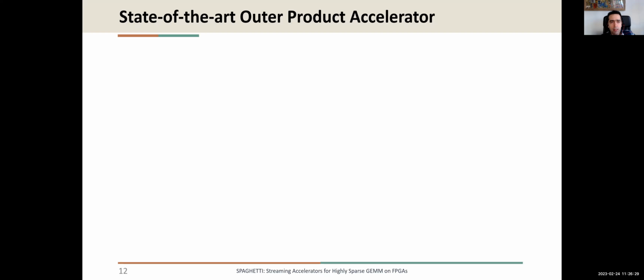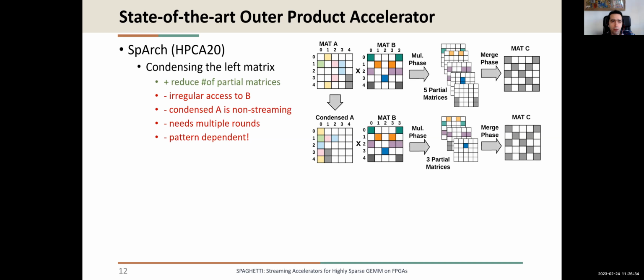There were a couple of papers published that are using the outer product approach, and they are targeting this issue with outer product, the merge phase. For instance, this paper, Spark, again published in HPCA 2020. Their idea was that if you look at these two matrices, A and B, 5 by 5, when we do the multiplication phase, we will get 5 partial matrices, right?